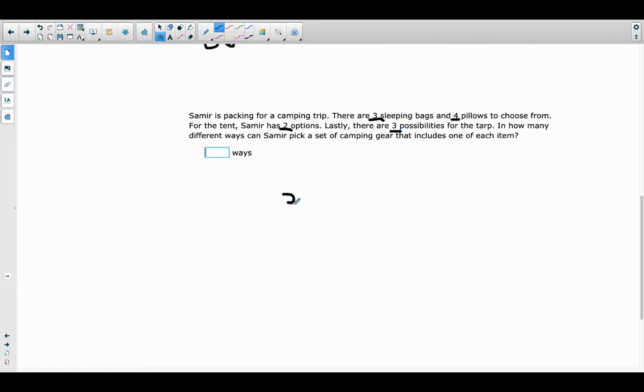So 3 times 4 times 2 times 3. Well, 3 times 4 is 12. 2 times 3 is 6. 12 times 6 is 72 different sets of camping gear you could make.